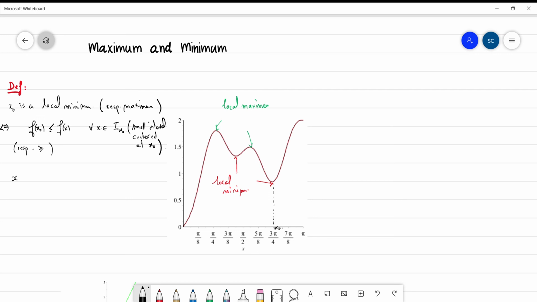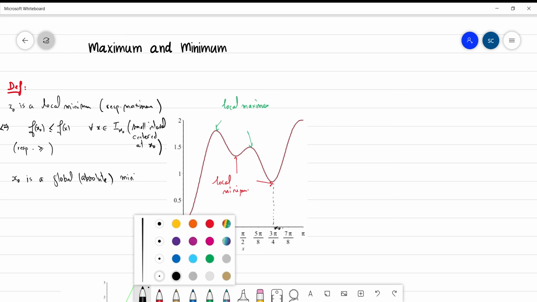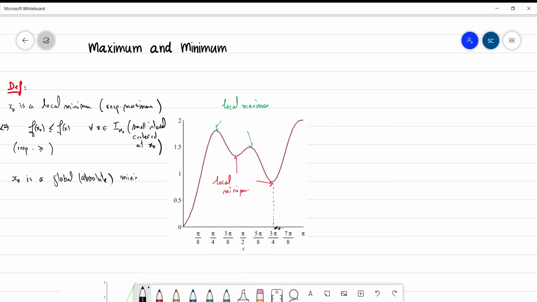Now if we want it global, sometimes we say global or absolute: absolute minimum, and respectively global or absolute maximum, if and only if you can check that f(x0) is less than f(x), respectively greater than, for any x in the domain.